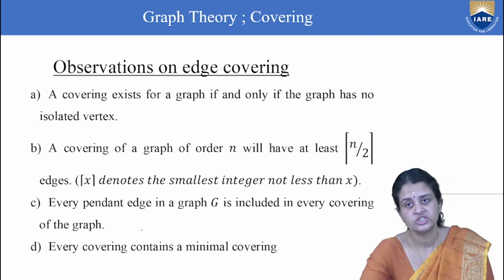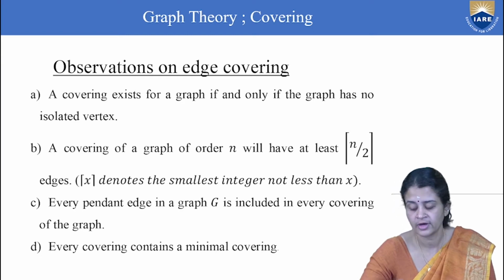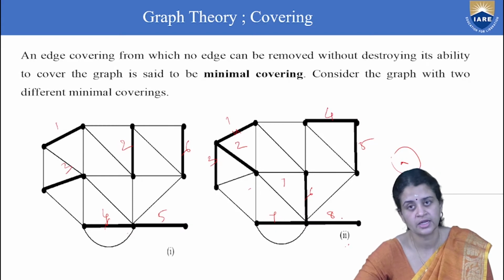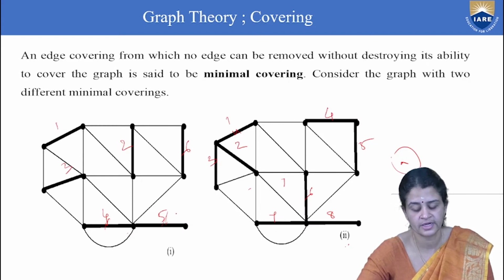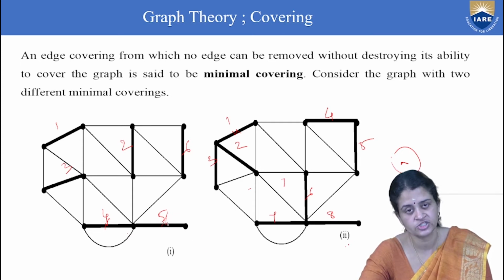Every pendant edge in a graph should be included in every edge covering of the graph. Why? Considering this graph, this is a pendant edge, right? These are our pendant edges. Why? Because it is incident with the pendant vertex. If I am not considering this edge, will it cover the graph?